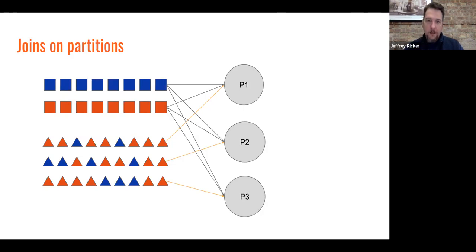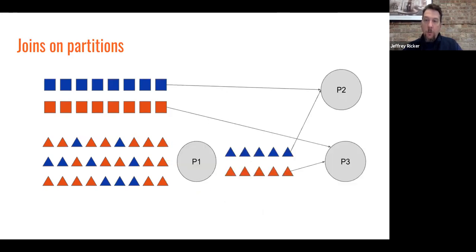All right. Now, note that the problem would be exactly the same even if the partitions were sorted on the square stream. We would still have to replicate all of the square stream in each processor because they're not sorted in the other stream. And one option then would be to repartition the triangle stream.